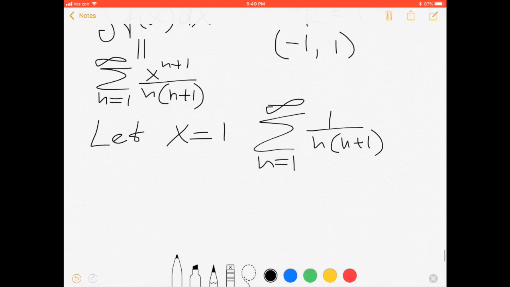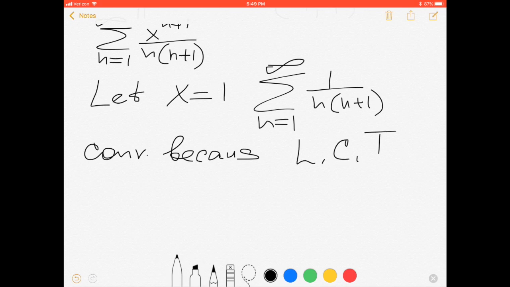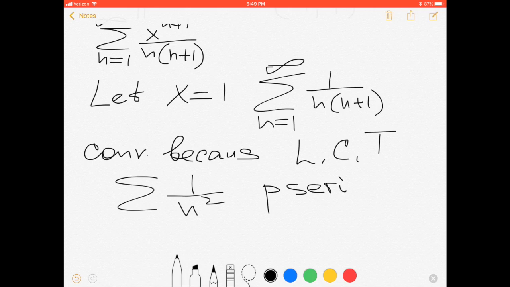This series converges because of the limit comparison test: you can use the series 1 over n squared, a p-series with p greater than 1, which converges.